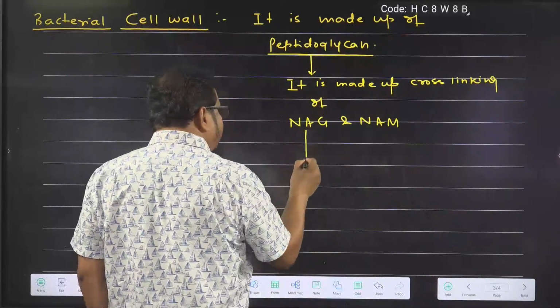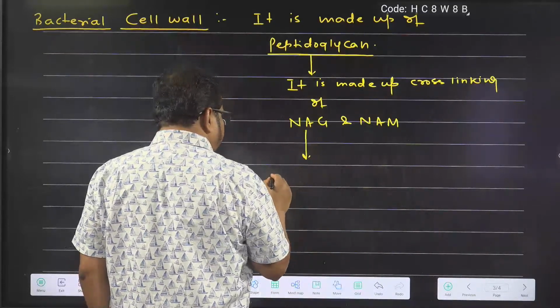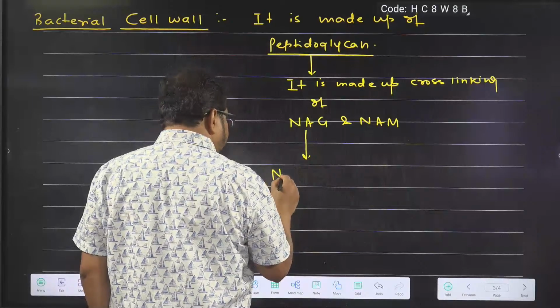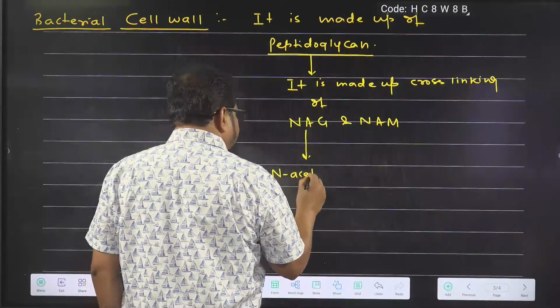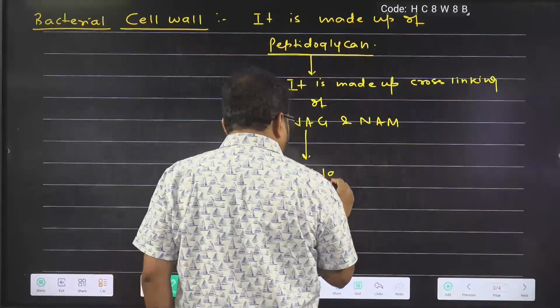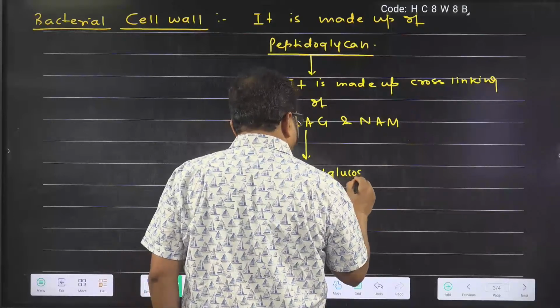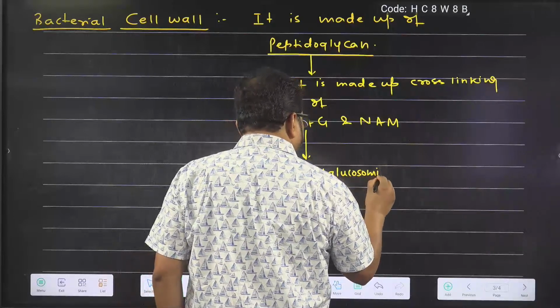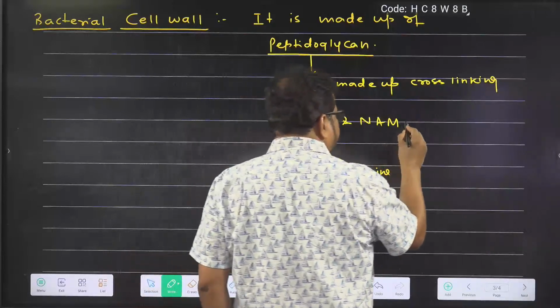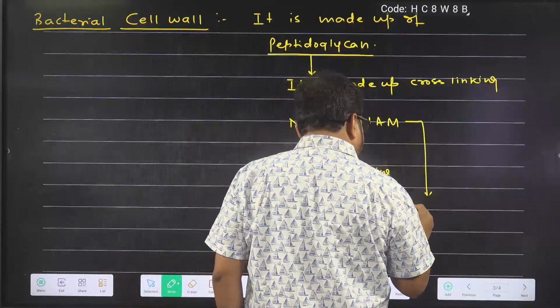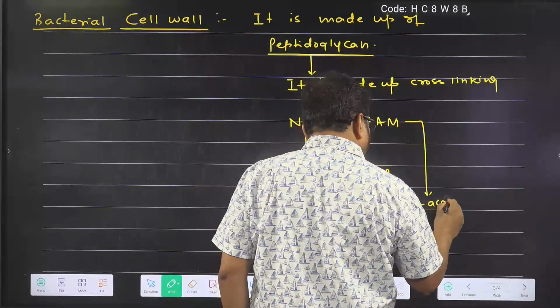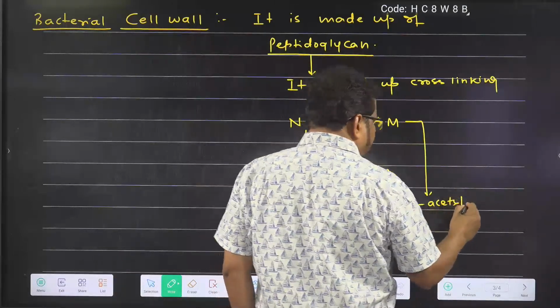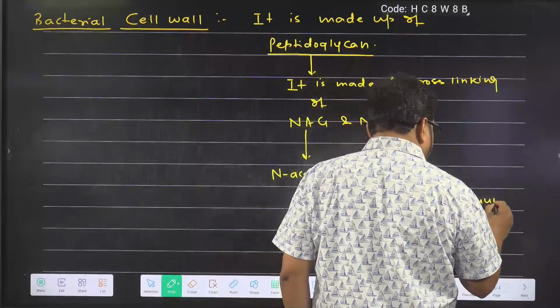Now, what is NAG? It is a chemical compound, an organic compound. Its name is N-acetyl glucosamine. And NAM stands for N-acetyl muramic acid, a chemical compound.